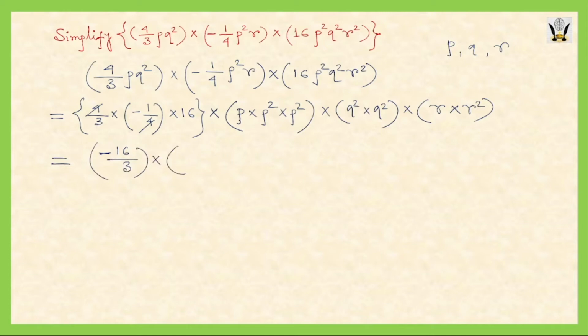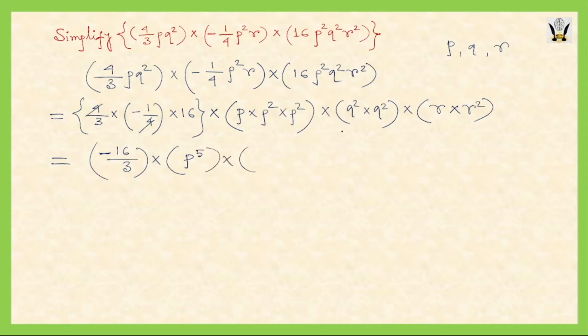And here it is p square, and then again another p square. We already have the idea of multiplication of powers or exponents. Since the base is the same, their powers will simply be added as we are multiplying. So it will be p, and if we add the powers, 2 plus 2 is 4, plus 1. p means p to the power 1, so it will be p to the power 5.